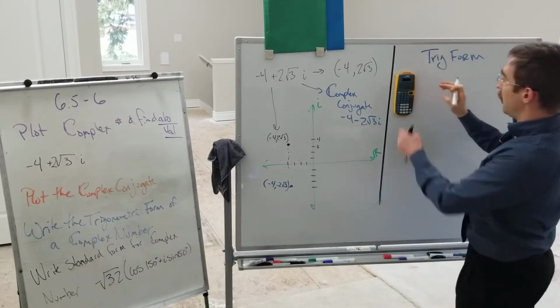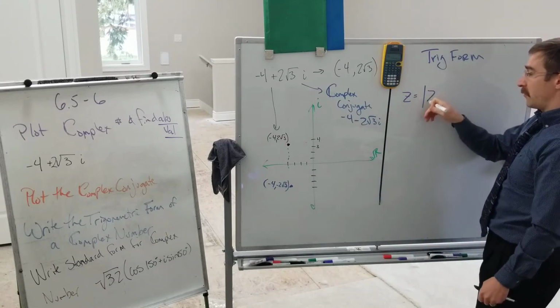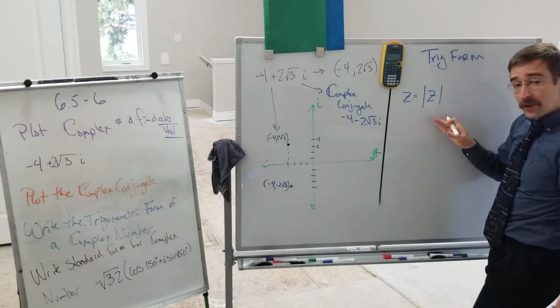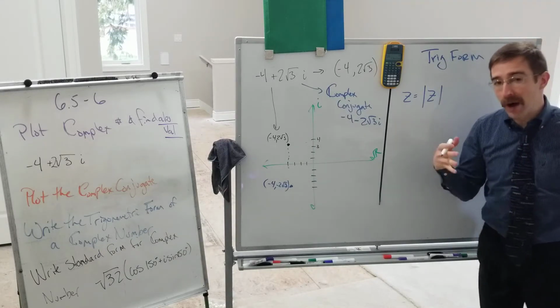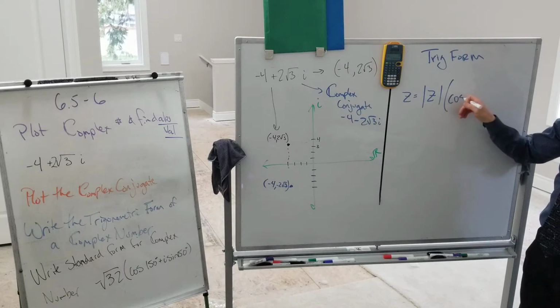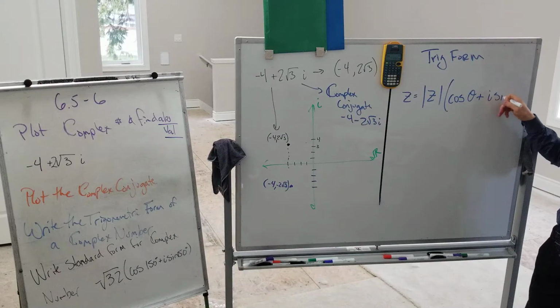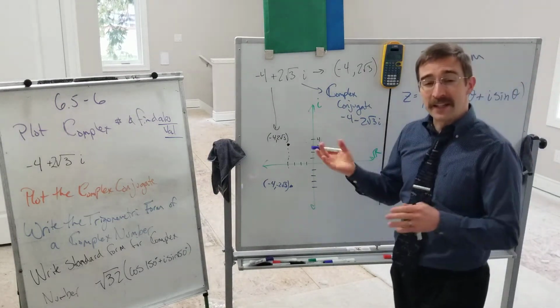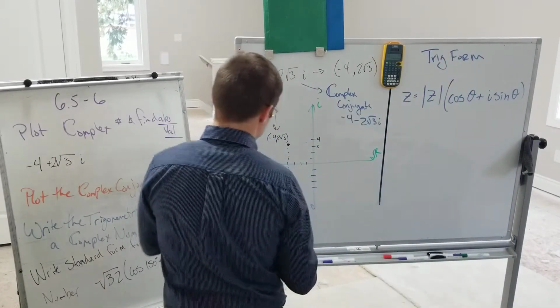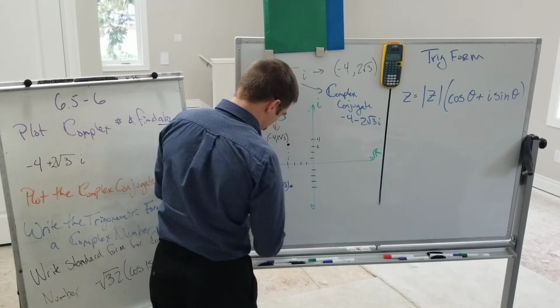So for some complex number, let's call it z, the trigonometric form is the absolute value of z, which we will find, we call that the modulus, times the cosine of the argument plus i sine of the argument, where theta, the argument, is the direction angle for this point.